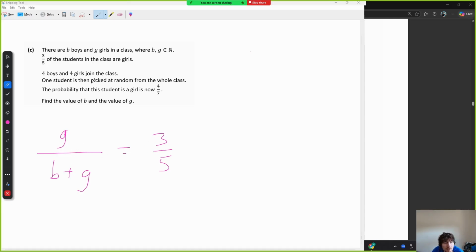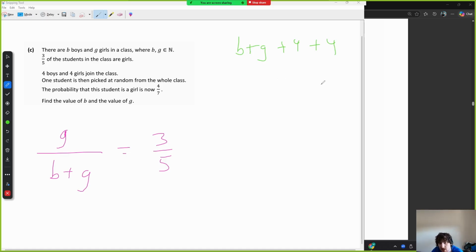What's next? 4 boys and 4 girls join the class. One student is then picked at random from the class. The probability that the student is a girl is now 4/7. So how do we interpret that statement? What we've got now in the class is B plus G plus 4 plus 4, the total number of students.